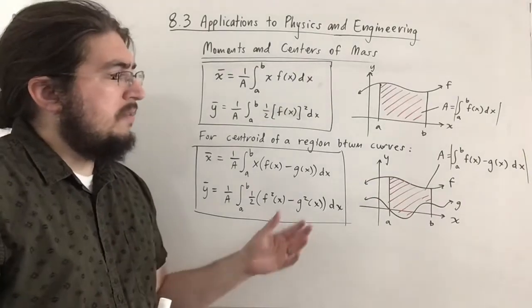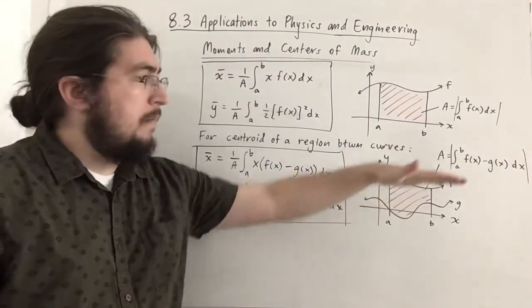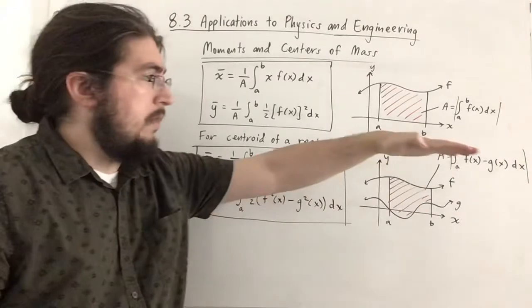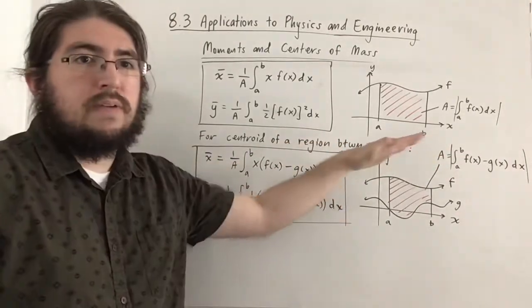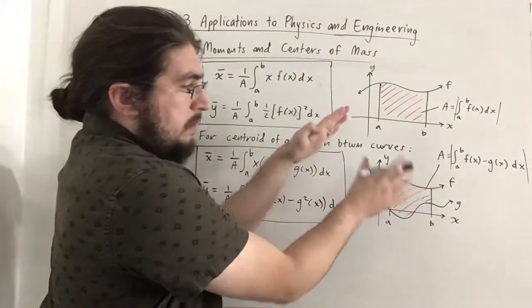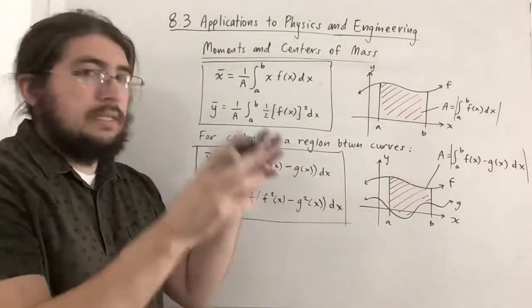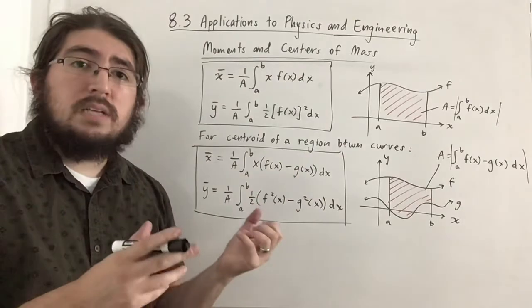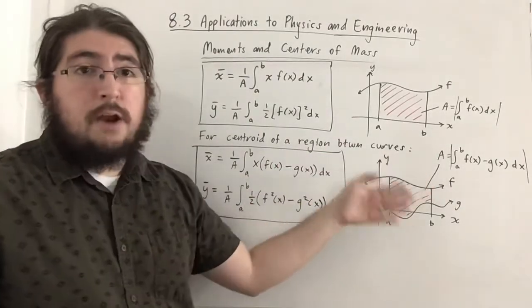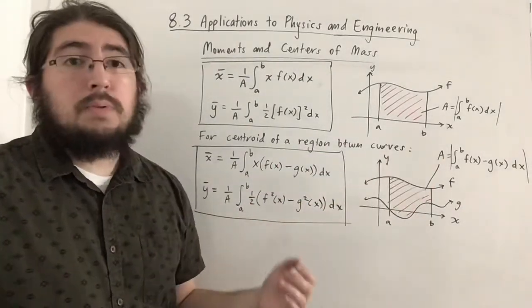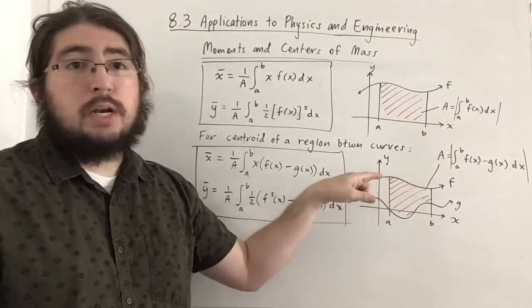It basically says that if you take a region and rotate it about any line, whether it's horizontal, vertical, or even a slanted line, you get a solid, of course, and the volume of that solid is the area of the region multiplied by the distance that the centroid travels.